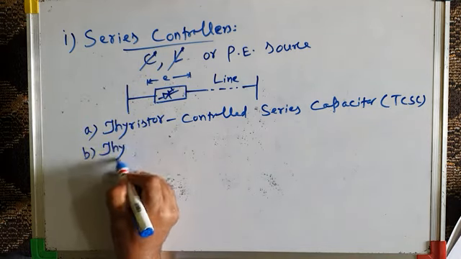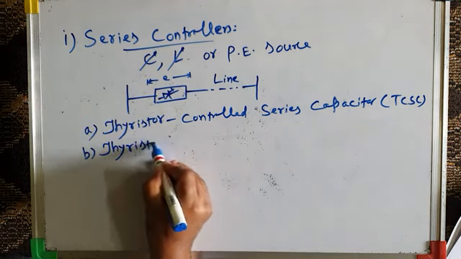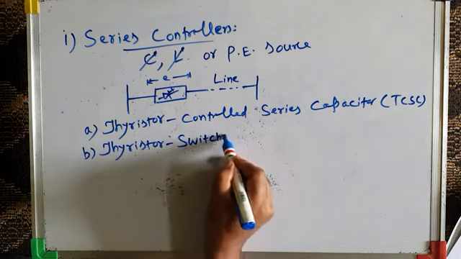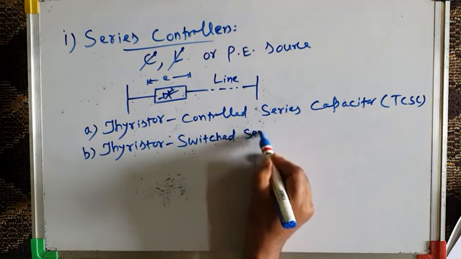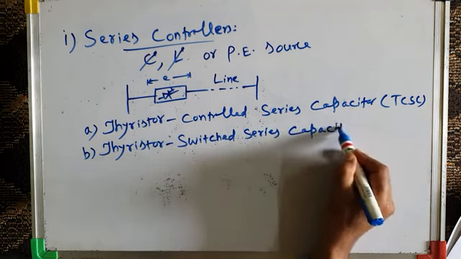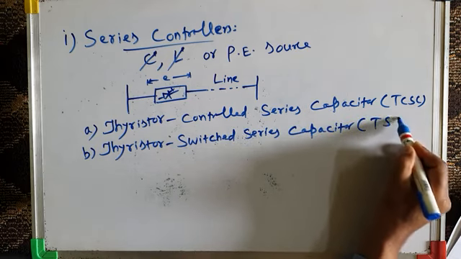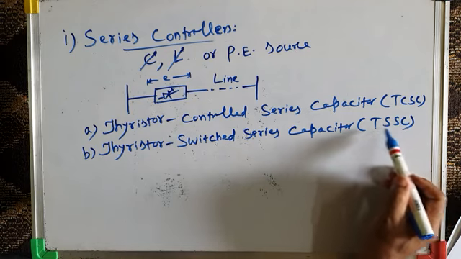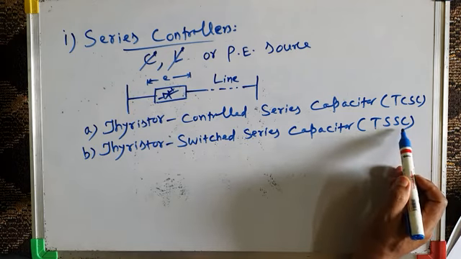Second is thyristor switched series capacitor. So it is written as TSSC. In the literature, you will see that it is named as TSSC, that is thyristor switched series capacitor.